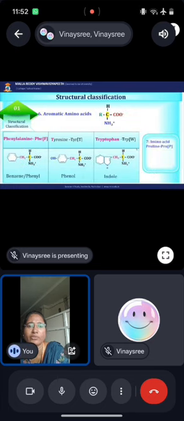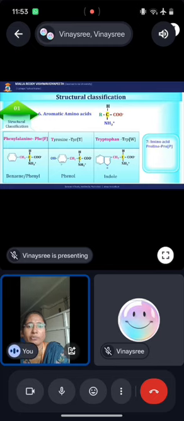Coming to the sixth classification, it is the aromatic amino acids. That means the aromatic ring will be present in the side chain of the amino acid. These are the examples, that is the phenylalanine, tyrosine, and tryptophan. You can see the benzene ring is present in the first one, and the phenyl ring is present at the third carbon. Then we can call it as phenylalanine.